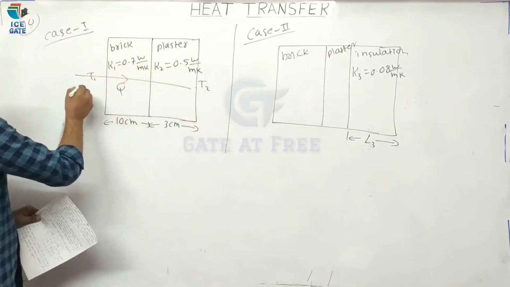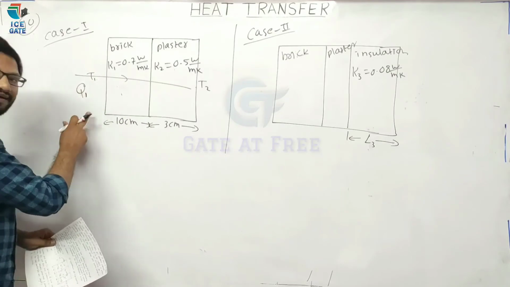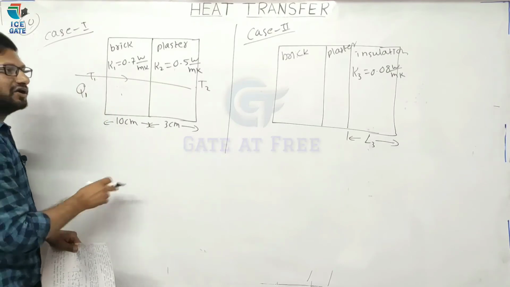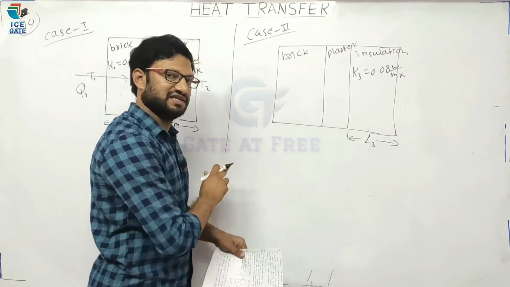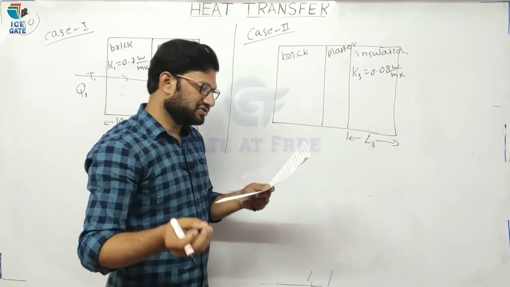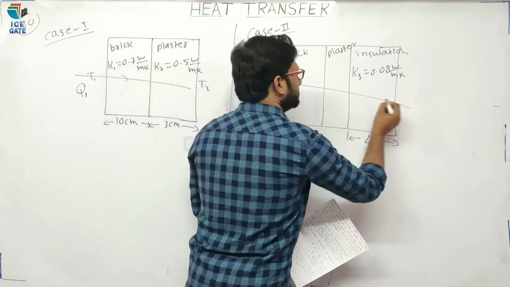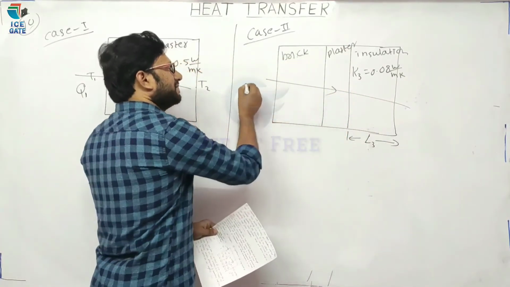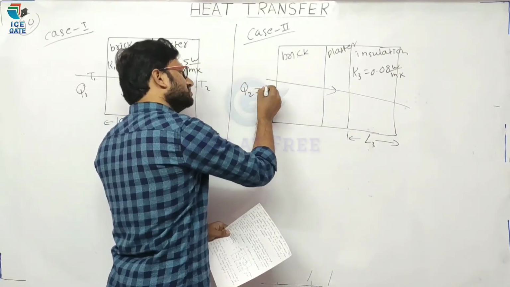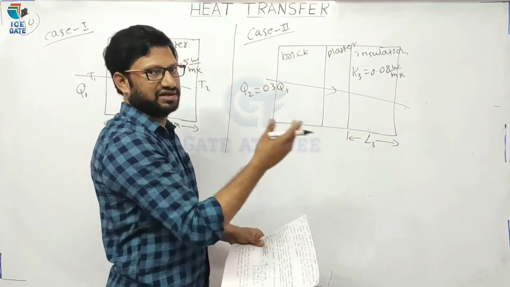Now say this is Q1. What is Q1? The rate of heat transfer in case 1. Now by adding an insulation for the same case, the heat transfer is reduced by 70%. If heat transfer is reduced by 70%, can I say Q2 is equal to 0.3 into Q1. 70% is reduced.